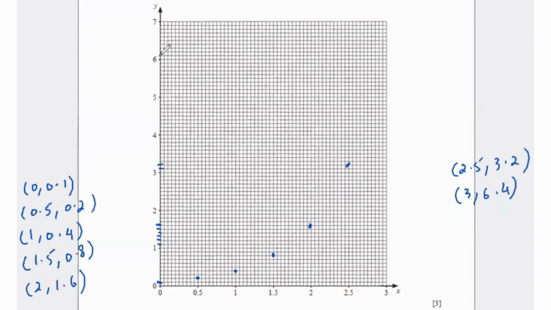So 6.4 is 1, 2, 3, 4. That's over here. So now, as you can see, this is an exponential function, and then let's try to join these as smoothly as possible. Yeah, that's the most neat thing I can do.